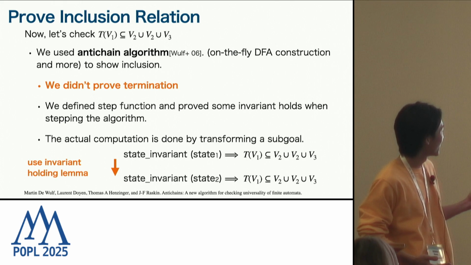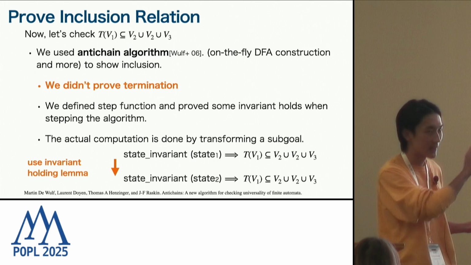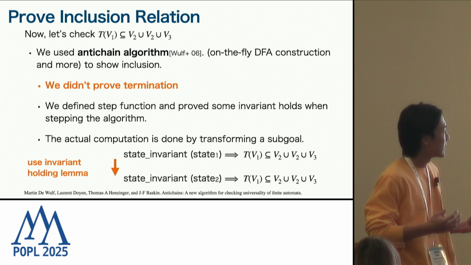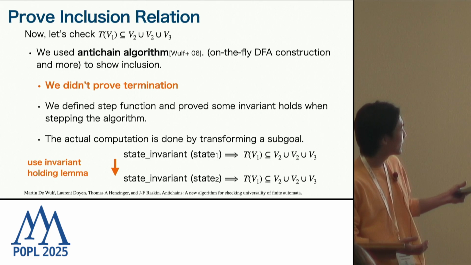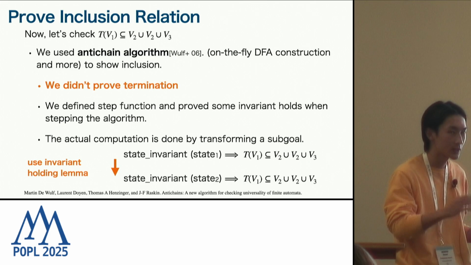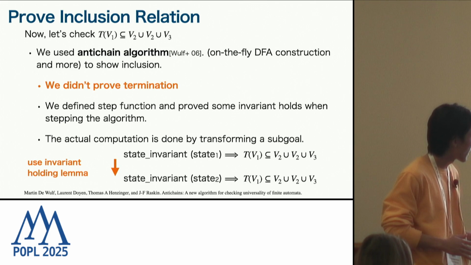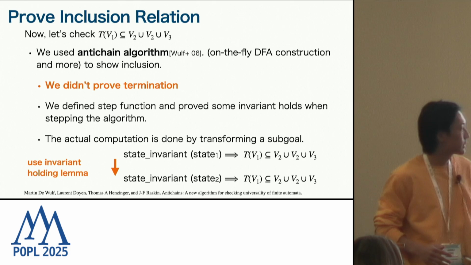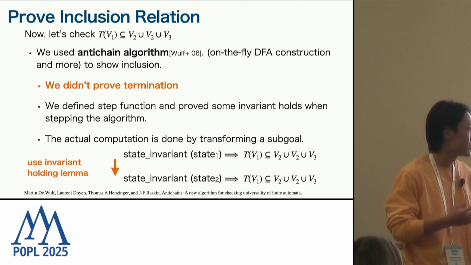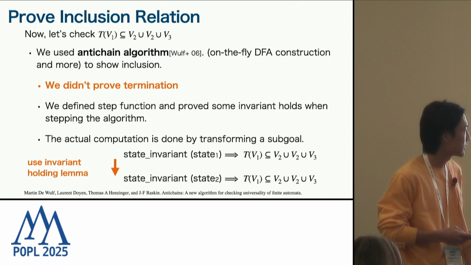What we did was define the step function of this algorithm and prove that some invariant holds when stepping the algorithm. The actual computation is done by transforming a subgoal. This state invariant function is immediately simplified to true when the algorithm terminates.